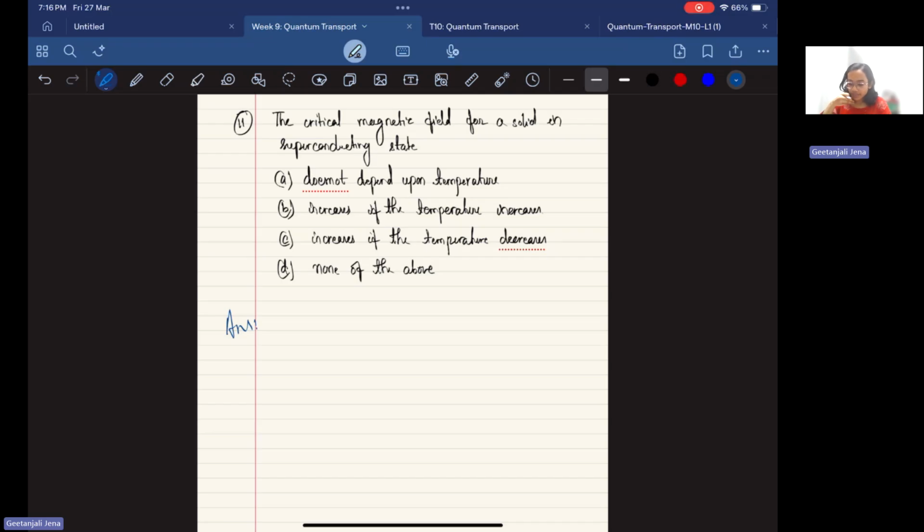The critical magnetic field for a solid in superconducting state. Option A, doesn't depend upon temperature. Option B, it increases if the temperature increases. Option C, it increases if the temperature decreases, or option D, none of the above. So the question asks about what is the dependence of critical magnetic field, Hc, on temperature.